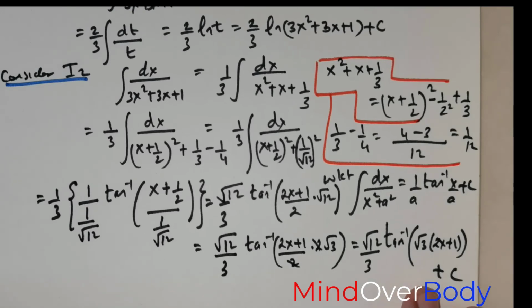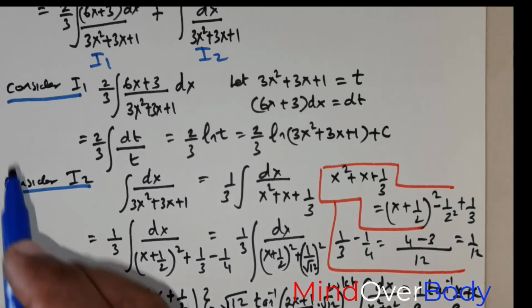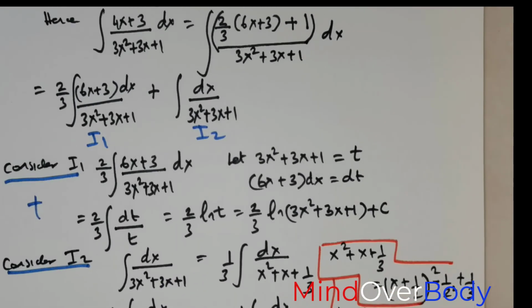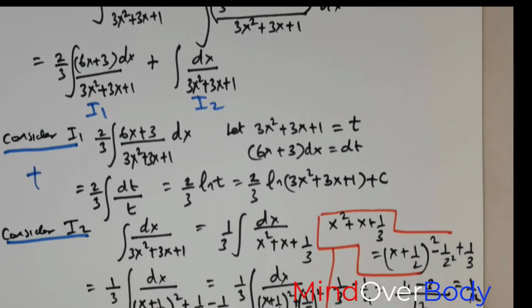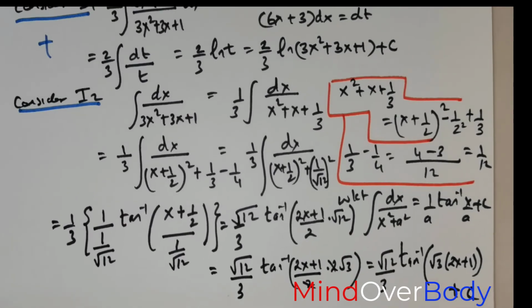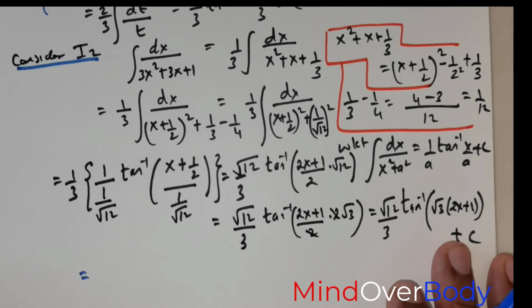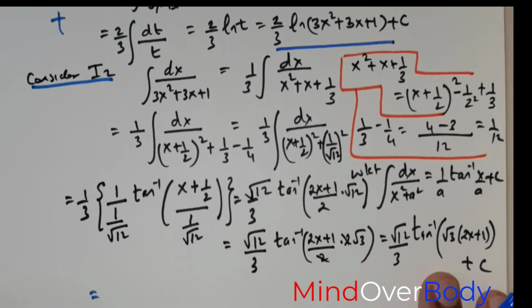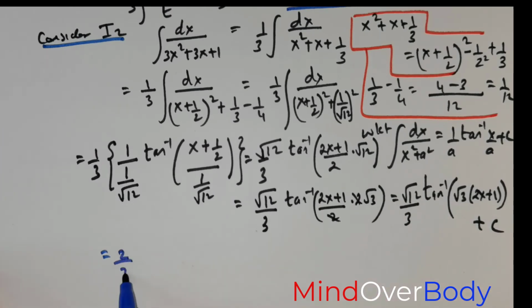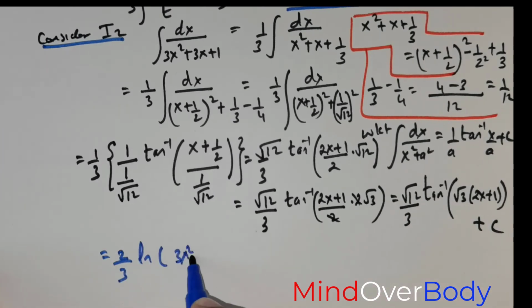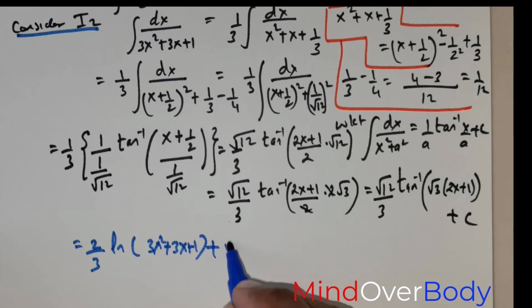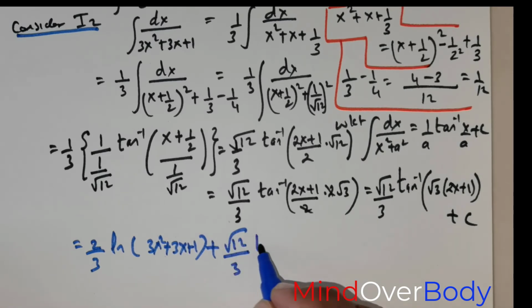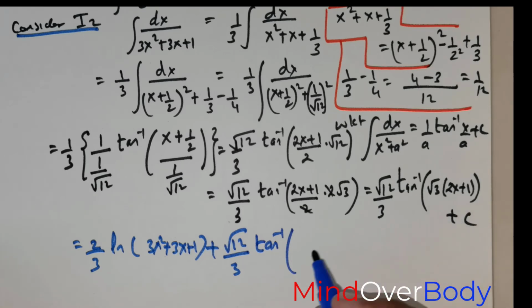Now the question only ends if we club these two together, because we started off by taking I1 and I2. So the final solution is: my first integration, which we got, is 2 over 3 ln of 3x squared plus 3x plus 1, followed by this quantity, root of 12 over 3 tan inverse of root 3 times 2x plus 1.